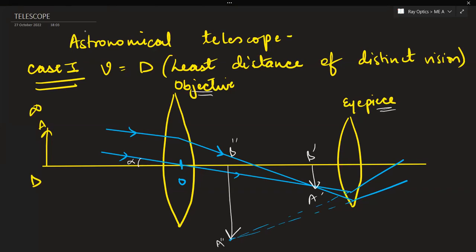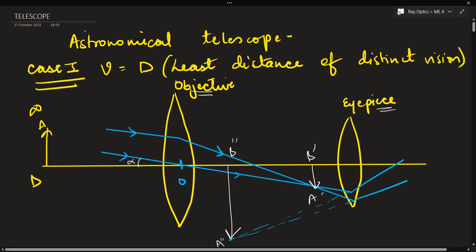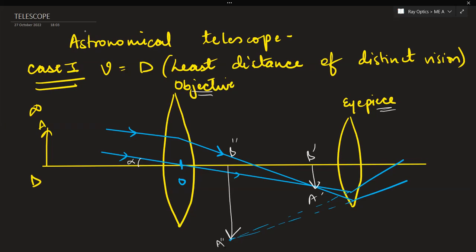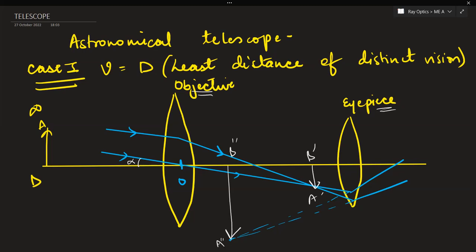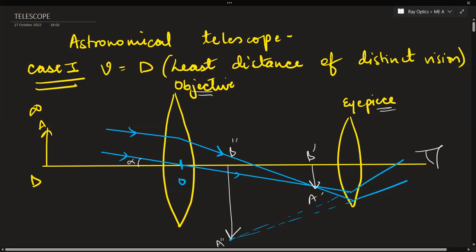Do you see how much enlarged it is than the real? The real object's size is very huge, and we cannot keep it in front of the lens. The satellite, you cannot keep in front of the lens in the place of a slide. So the image formed is larger in comparison to simple microscopes and compound microscopes. And this will go into the human eye.